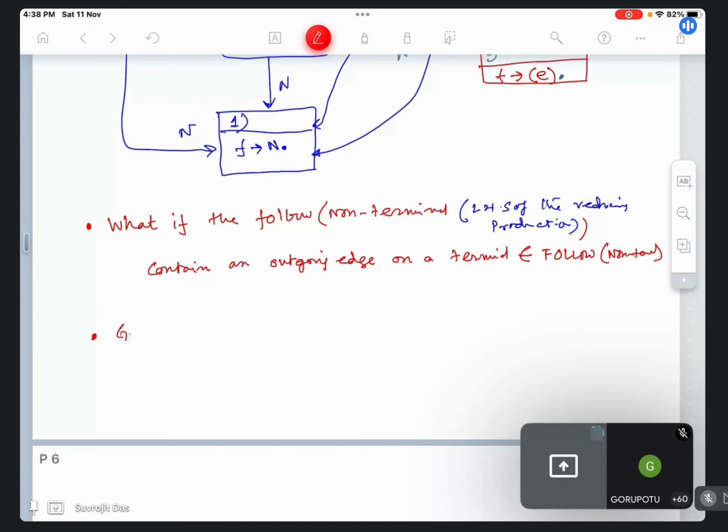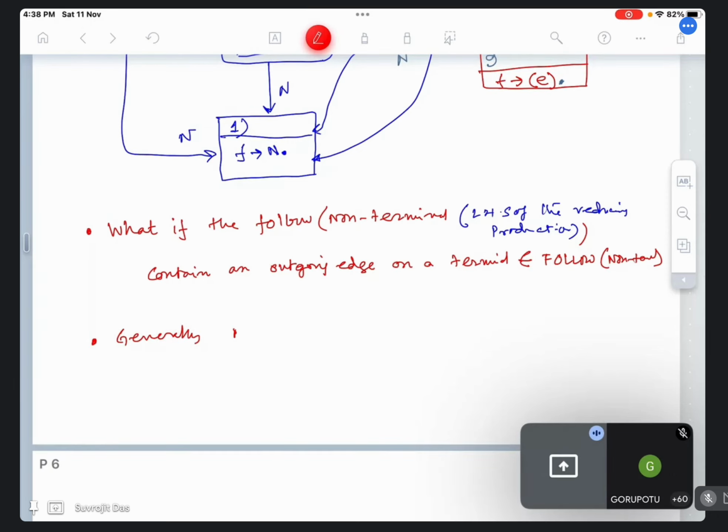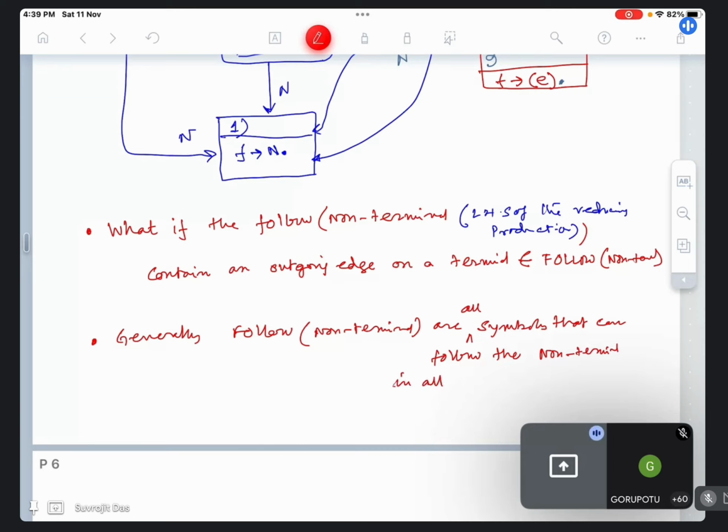Generally, the follow of a non-terminal are all symbols that can follow the non-terminal in all possible contexts.